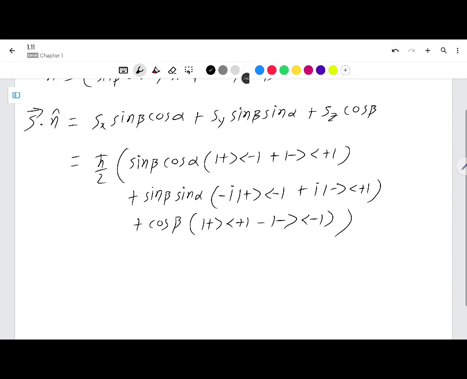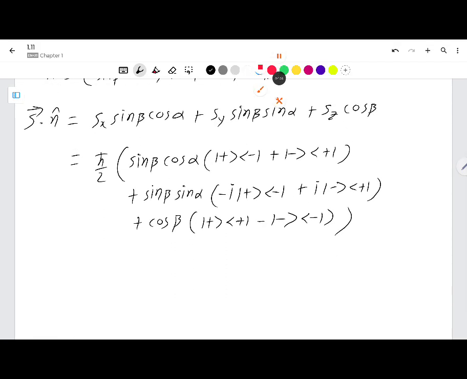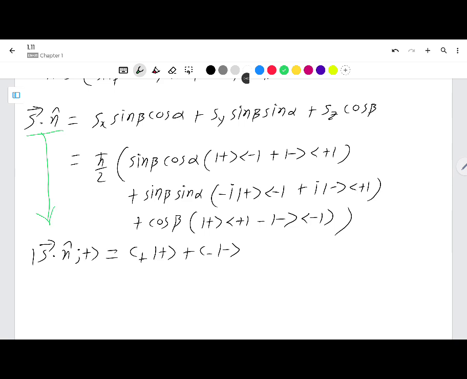What we have been told is that this state is some combination of plus and minus. So when this operator operates on this, what will we get? Let's try to see that.